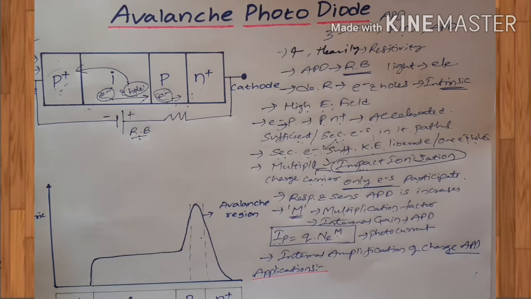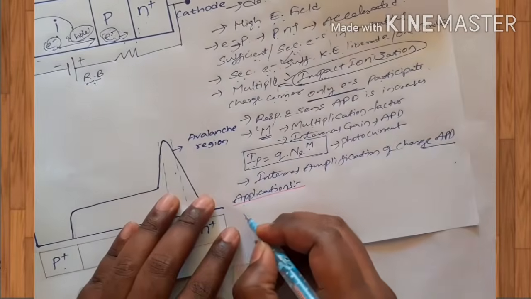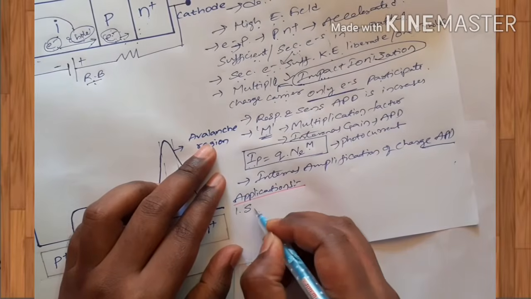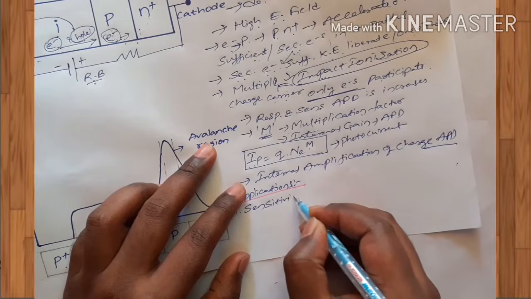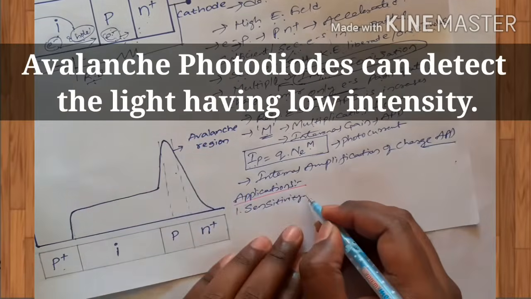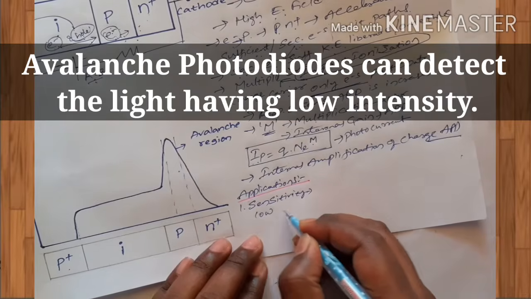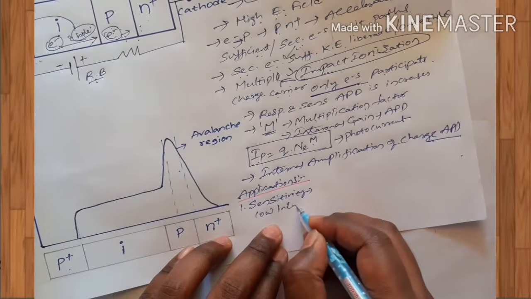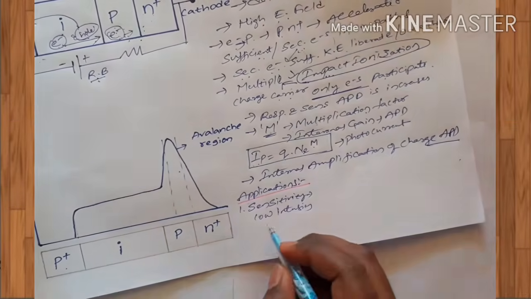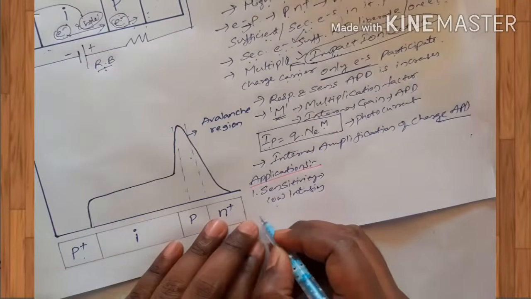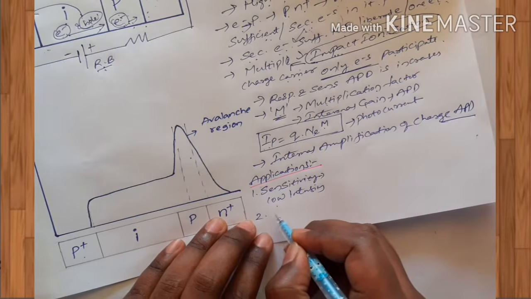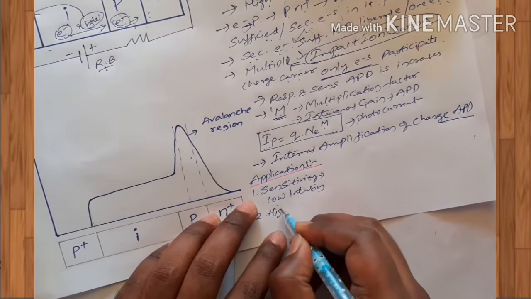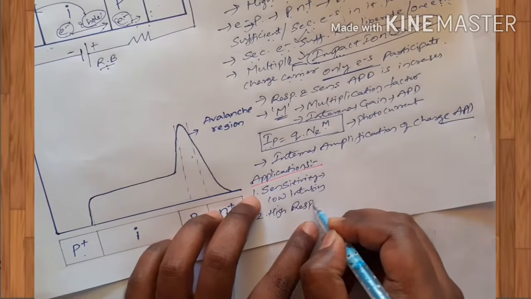Now we will see the applications of the avalanche photodiode. The first application is their high sensitivity. Because of this very high sensitivity, they can detect light of very low intensity. One more advantage of the avalanche photodiode is that these devices have a very high response time.